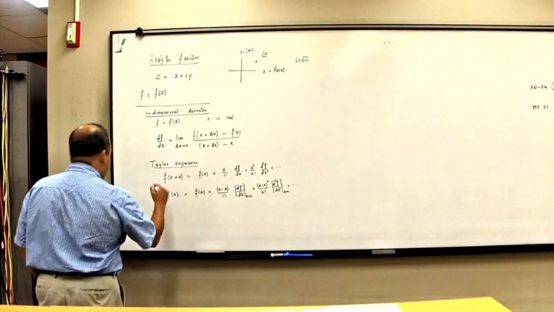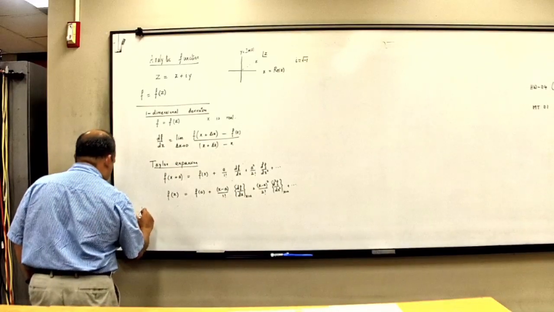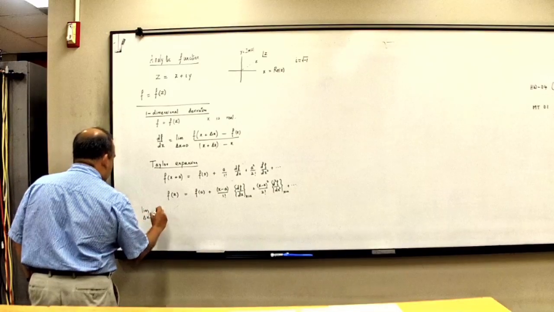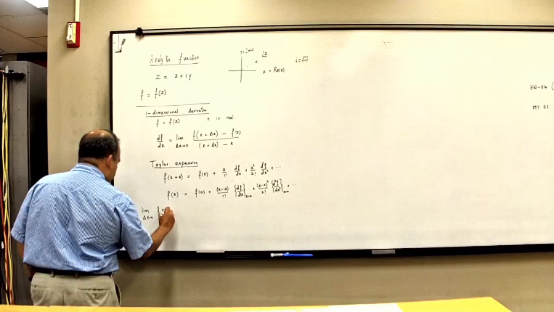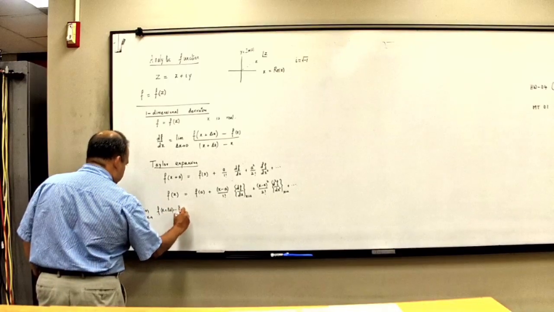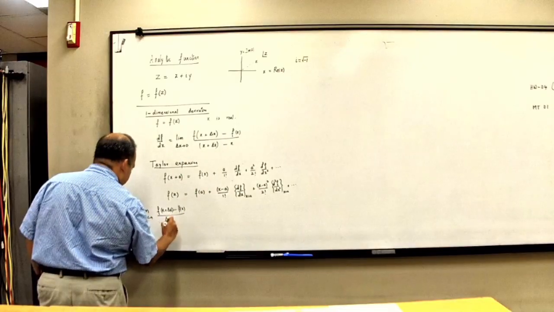If I were to pretend that this is known, it makes it easy to take this derivative. So I take the right hand side of this quantity, so limit delta x tends to 0 of f of x plus delta x minus f of x, divided by the denominator, which is just delta x.